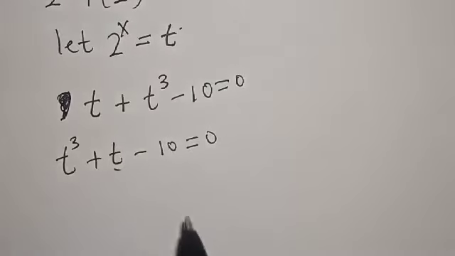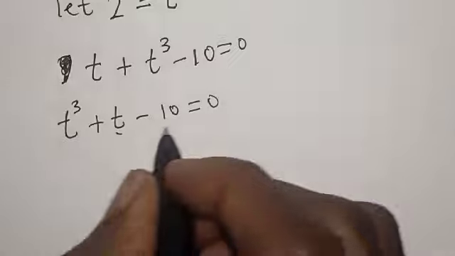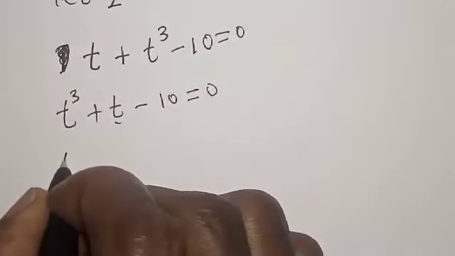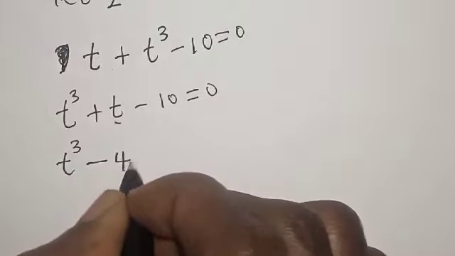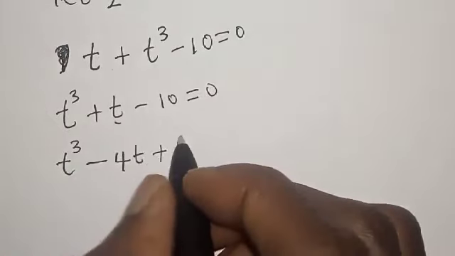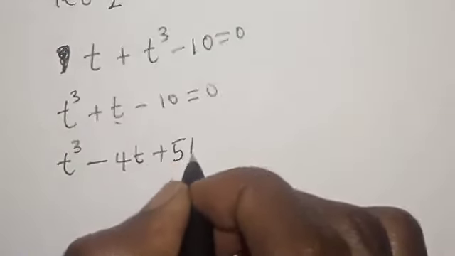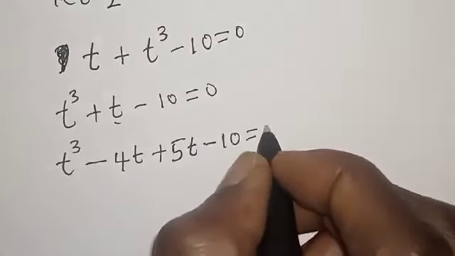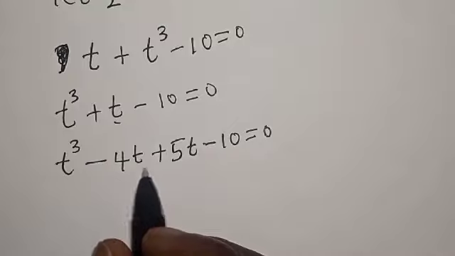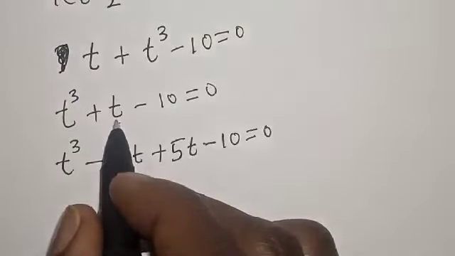We want to manipulate this t such that the equation will not formally change. That is, t raised to power 3 minus 4t plus 5t minus 10 is equal to 0. Minus 4t plus 5t is going to give you t.